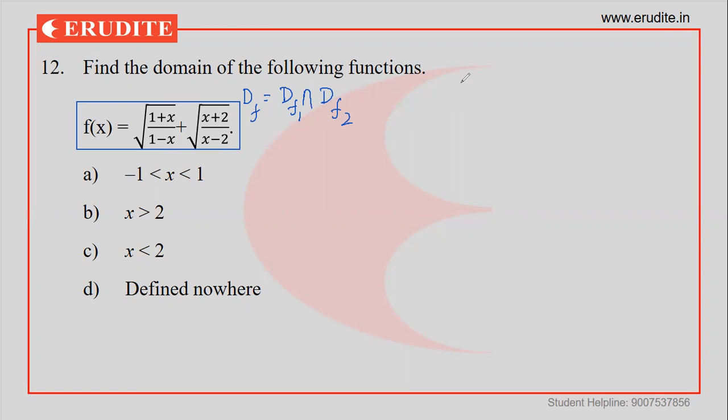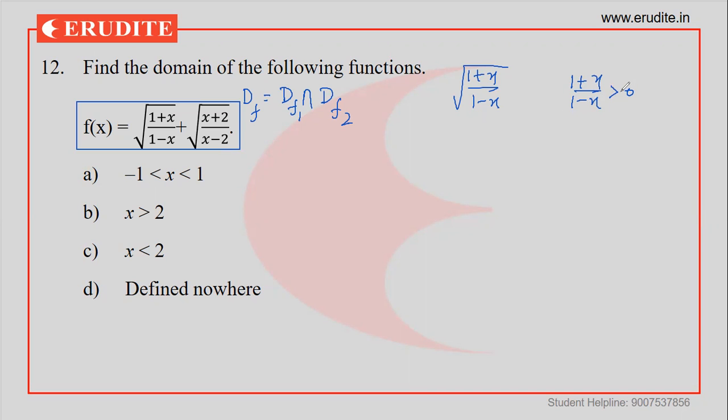Whenever I write a root over that, it needs to be non-negative. So I need to say that (1 plus x) by (1 minus x) needs to be greater than or equal to 0. The entire expression can be equal to 0, but the denominator cannot be.